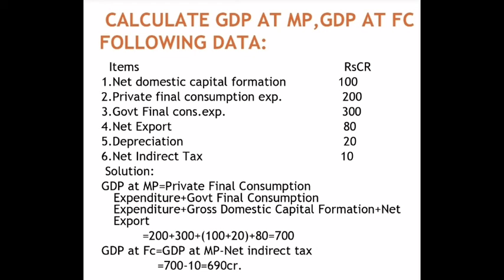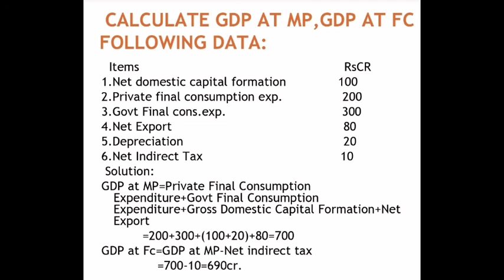So the GDP at market price is equal to private final consumption expenditure plus government final consumption expenditure plus gross domestic capital formation plus net export. That means 200 plus 300 plus 120 plus 80 is equal to 700, the gross domestic product at market price as per this data.